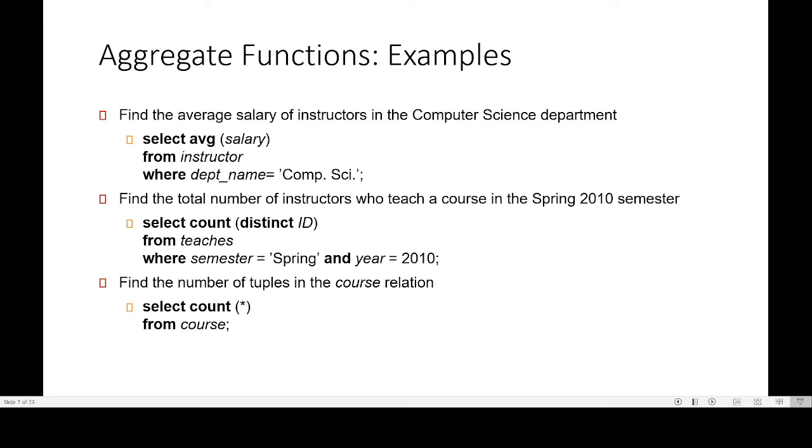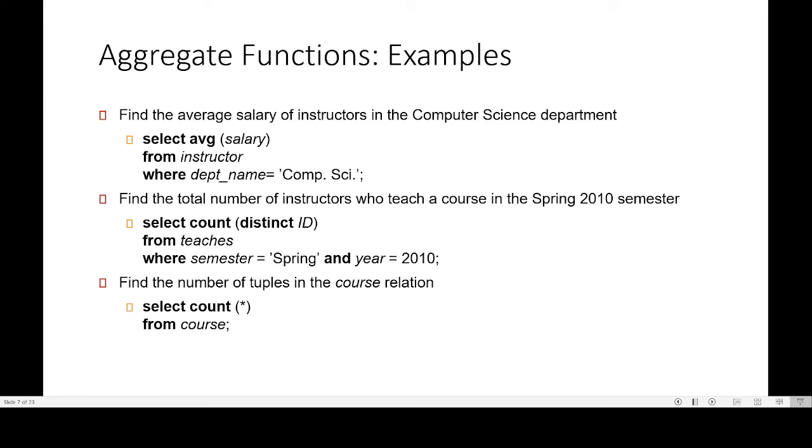So distinct ID from teachers, where teachers is the table name, because here it is given teach a course in the spring 2010. So two things have to be matched: it should be the spring semester and the year should be 2010. So we can put in a where condition, semester is equal to spring and year is equal to 2010.